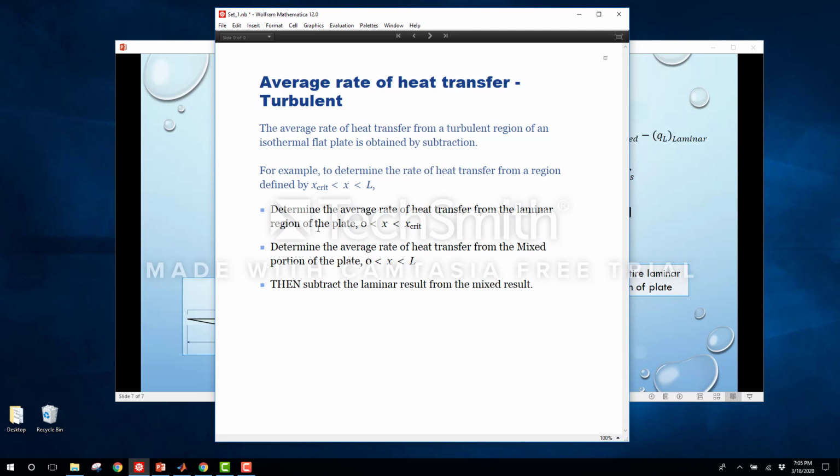So we have to be in a region where X is greater than X critical and less than L. And we would determine the rate of heat transfer from the laminar region of the plate, so from 0 up to X critical. And we would determine the average rate of heat transfer from the mixed portion from 0 to L, and then subtract the two.